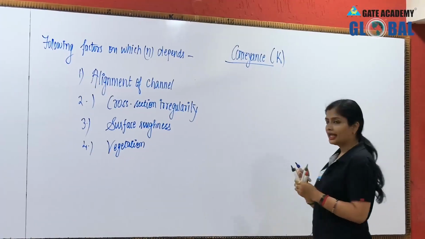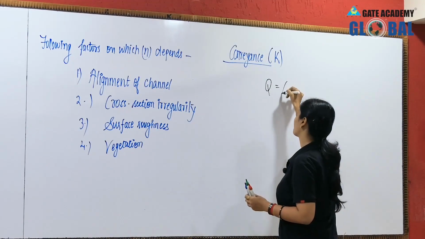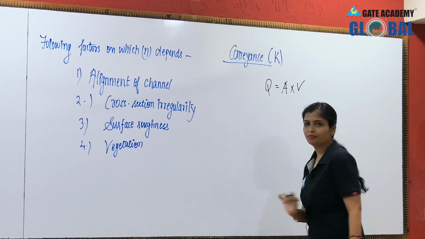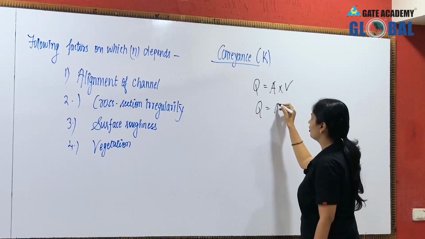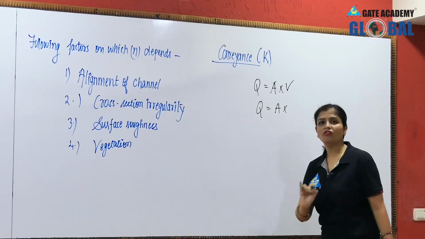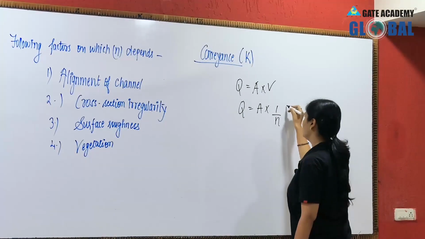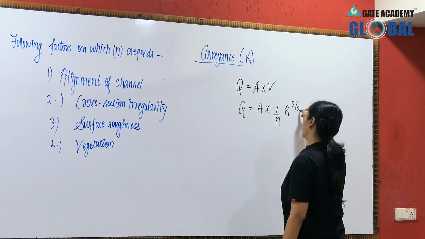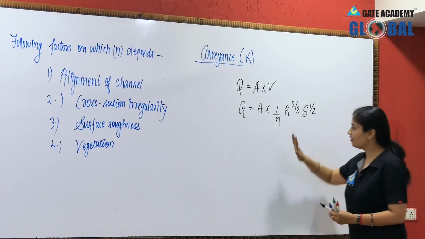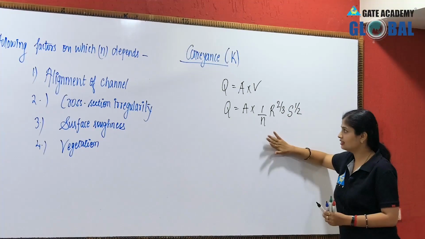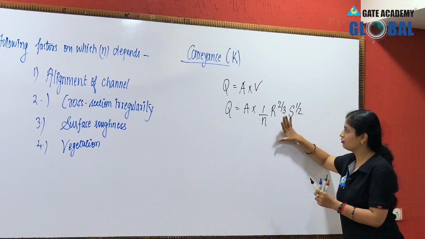Now, can I write first of all, discharge is equal to area into velocity? If I want to write velocity with the help of Manning's formula, I can write it as 1 by n r to the power 2 by 3 s to the power 1 by 2. Have I written it correctly? Come on, just participate when I am telling it. Q is equal to area into velocity.